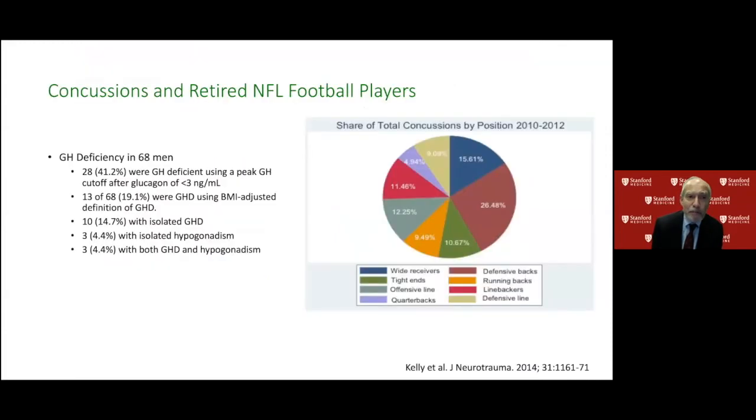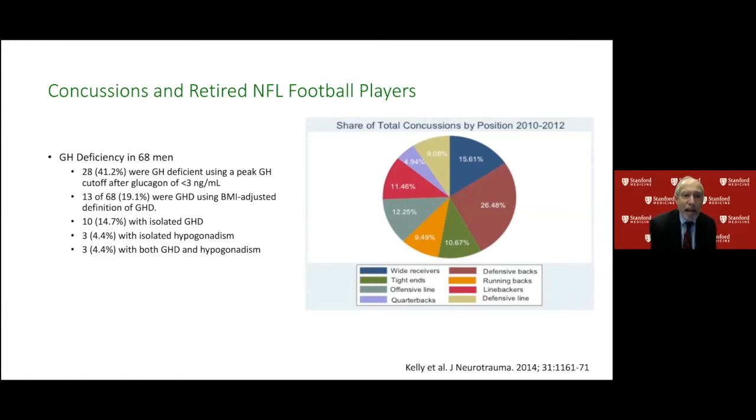The question is, will these concussions lead to a mild traumatic brain injury and hypopituitarism and growth hormone deficiency in particular? If we look at football players, we see that they actually have a tremendous amount of problems with this. So this was an interesting study that looked at some retired National Football League players. They looked at 68 men. Of course, all of them have had concussions.